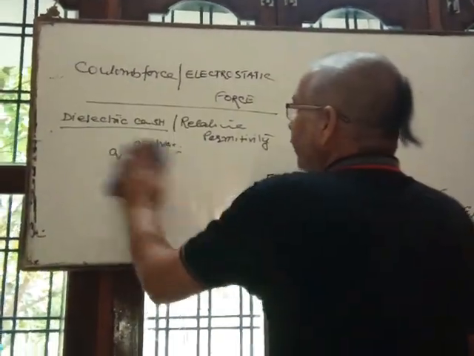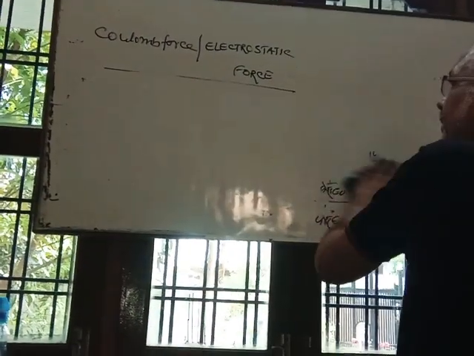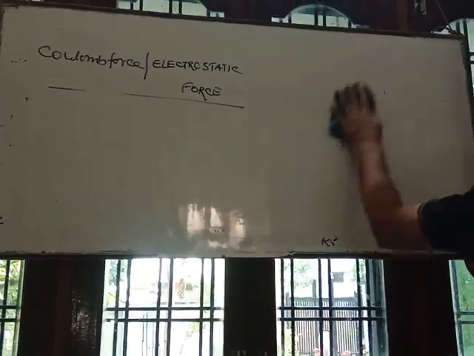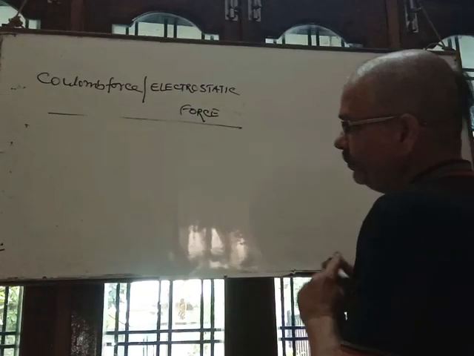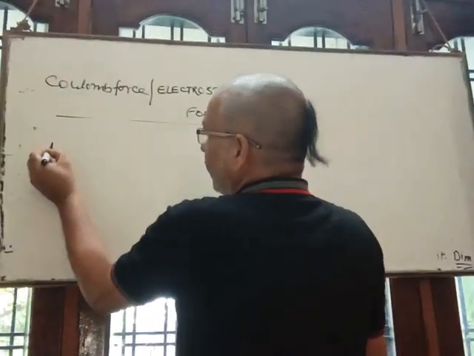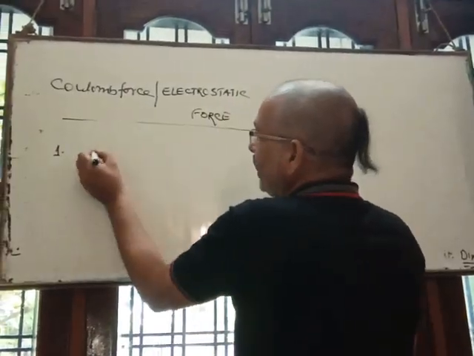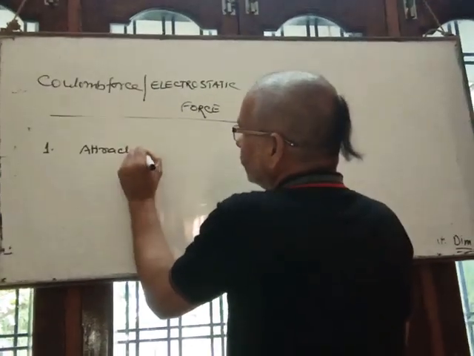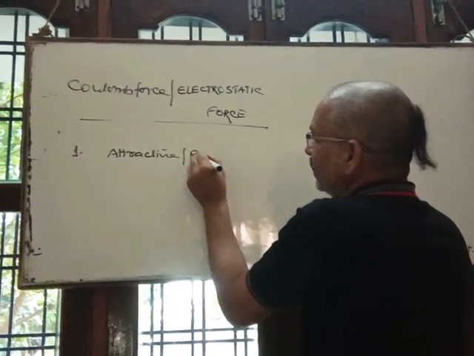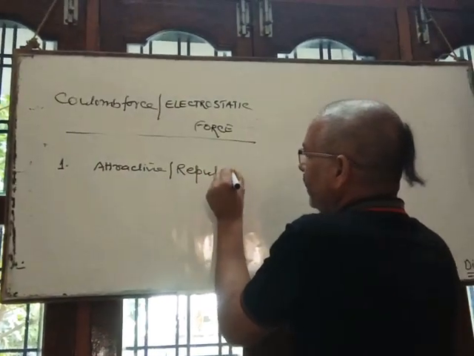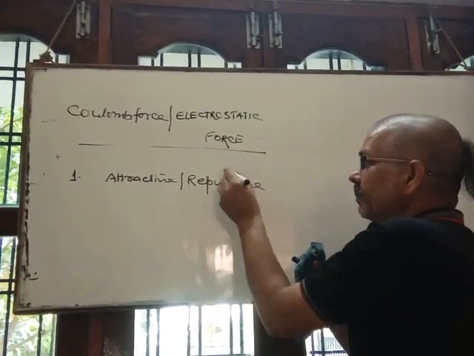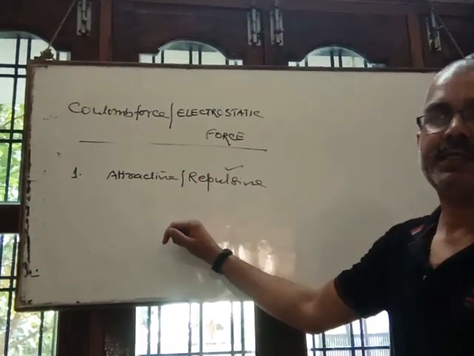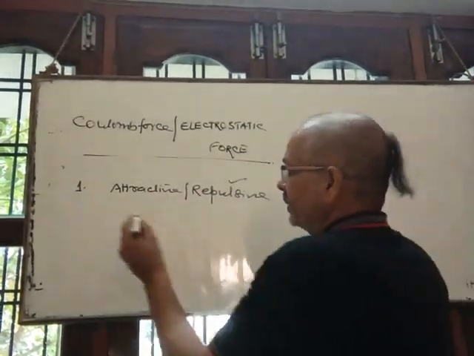Now come to the main point related to the Coulombian force: the properties of Coulombian or electrostatic force. First, it may be attractive or repulsive. It means if both charges are similar, then repulsion will take place, and if they are dissimilar, then attraction will take place.